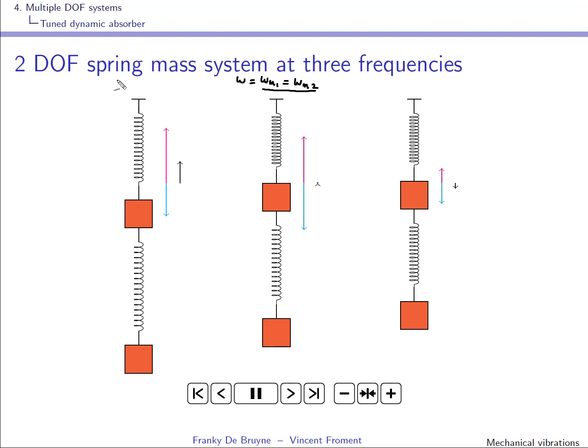Here we are running the system with our external force at a frequency which is smaller than this tuned frequency. It's actually 2/3 of omega n2, and here it's higher, and it will be 4/3 of omega n2.